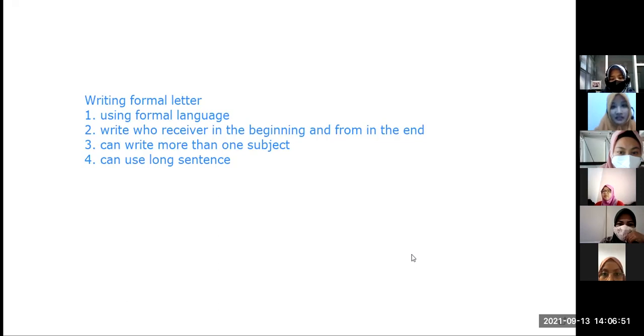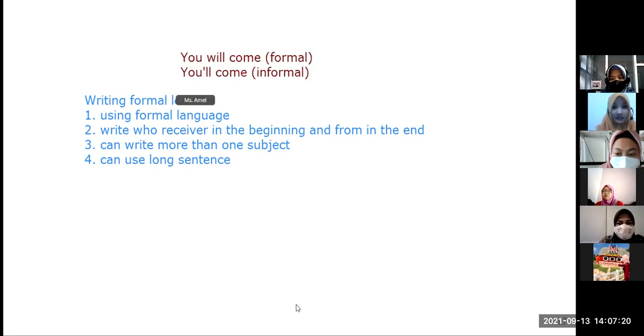Abbreviation means, for example, you say "you'll come". The formal one is "you will come". Don't say "you'll come", because this is informal, since you abbreviate the words. Don't abbreviate words when you write formal letters, formal emails or memos. Use the formal one.